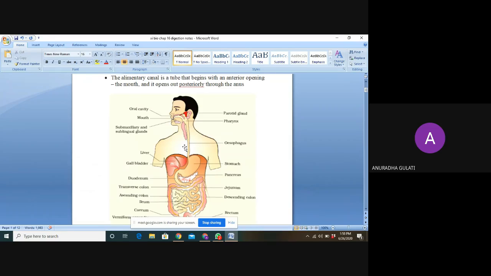The food which we eat in the form of complex molecules has to be broken down to form simple absorbable molecules which can be used by our body.